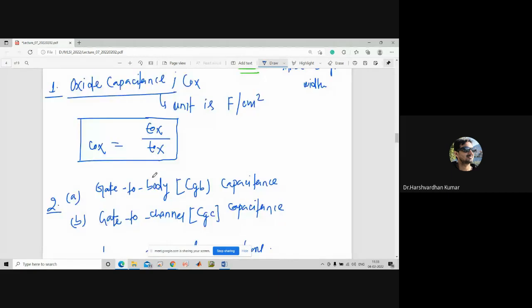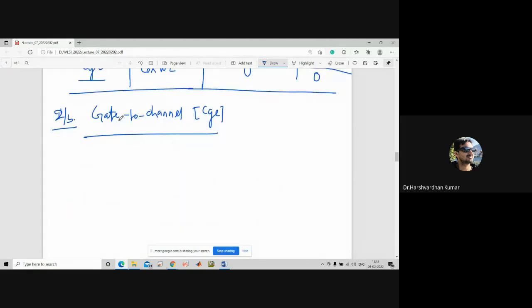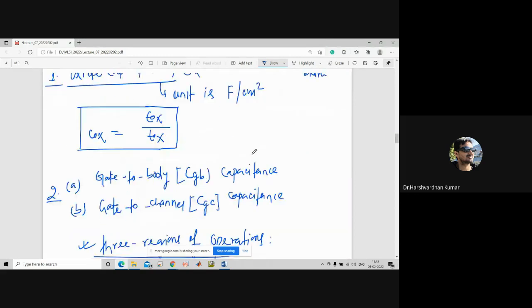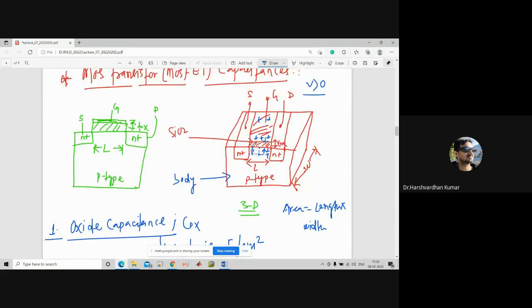So just write here gate to channel, which will be equal to the summation of gate to drain plus gate to source. Why is it like that? Because if you see the circuit diagram or the device structure, both capacitances are connected in parallel.